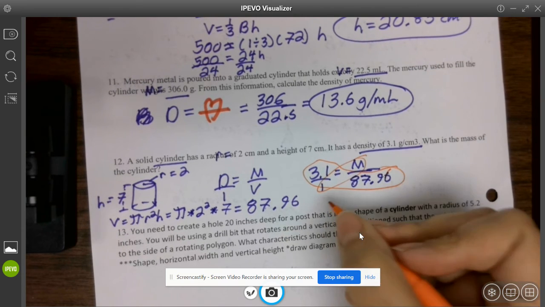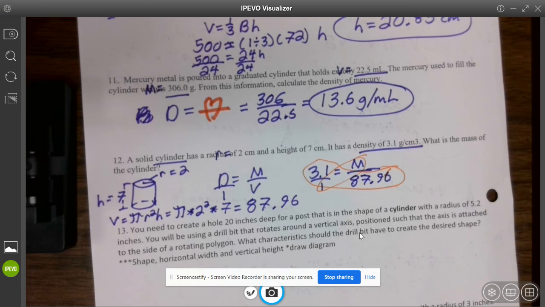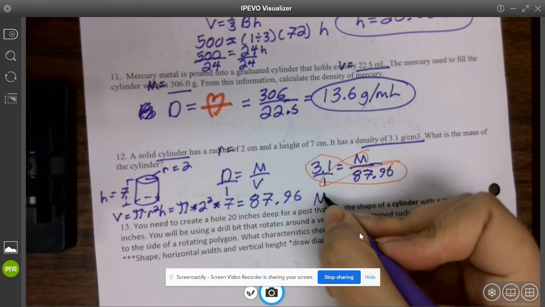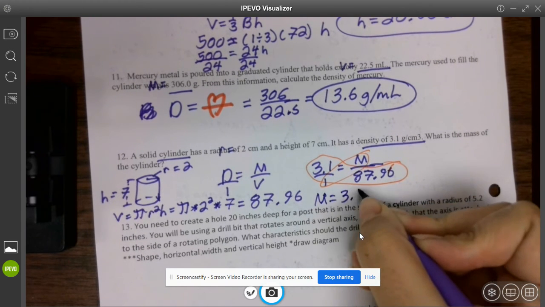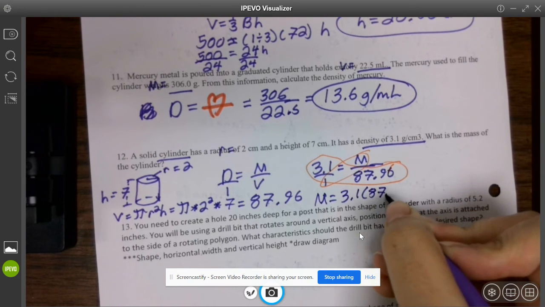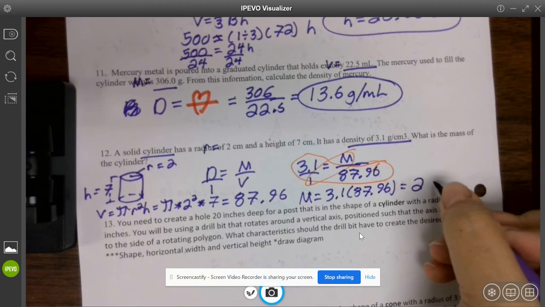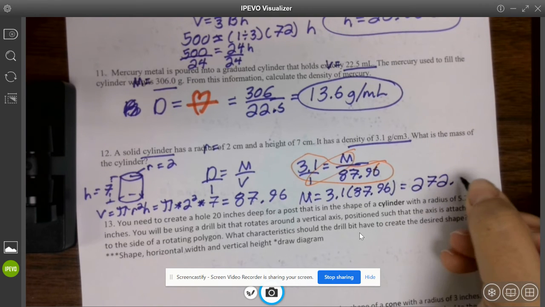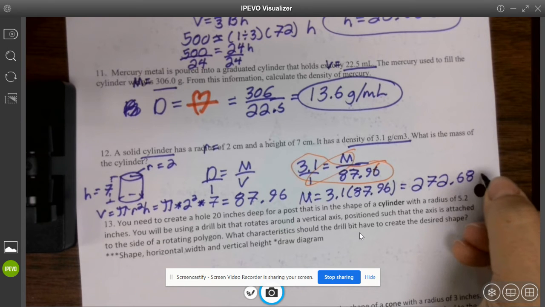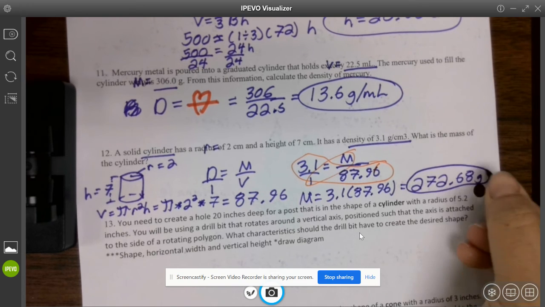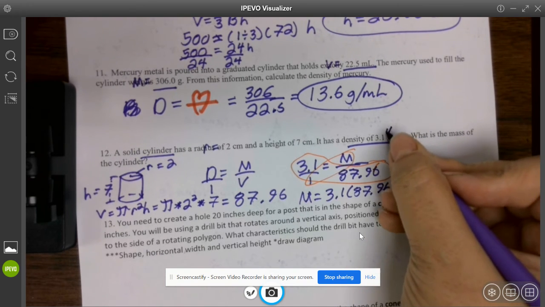M times 1 is just going to be M. So we get 272.98 grams. I knew it was grams because the unit here is grams.